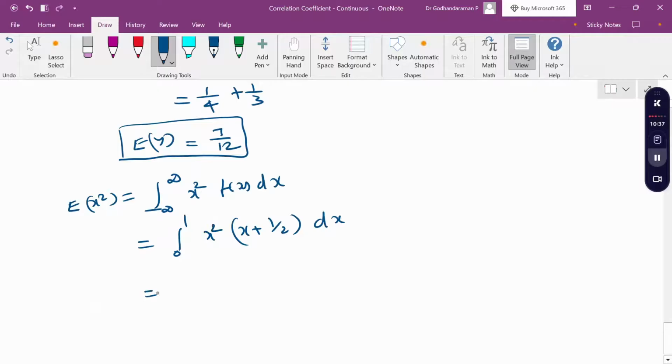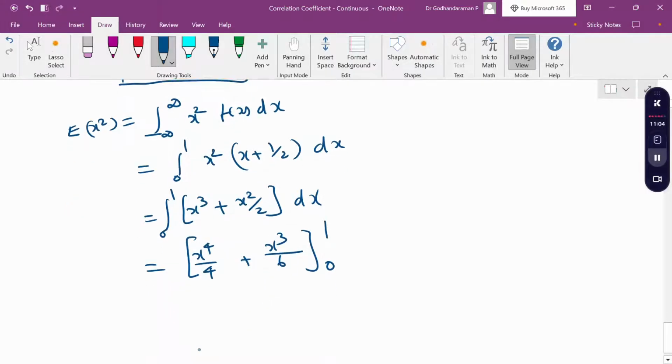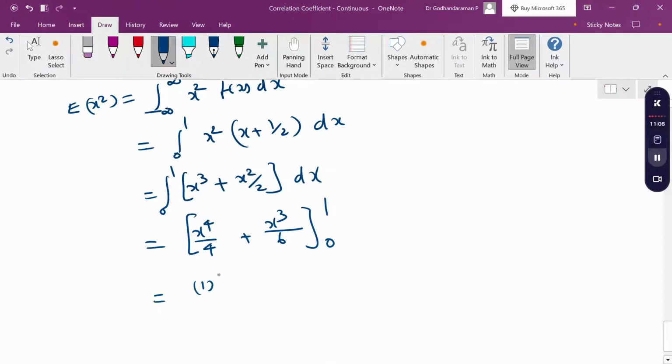So when I multiply x square, x cube plus x square by 2, already 1/2 is there, so this is x cube plus x square by 2, 0 to 1 dx. Now to integrate x cube, x power 4 by 4, x square integration x cube by 3, already 1/2 is there, so 6. So 0 to 1, substitute upper limit and lower limit.